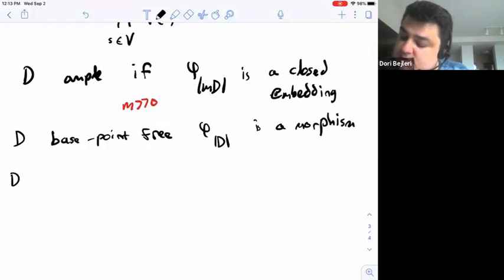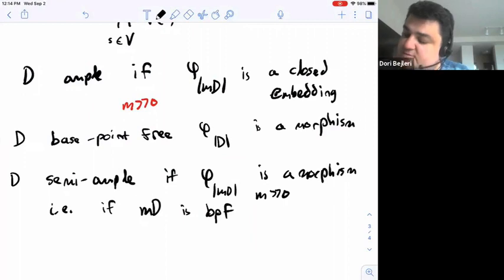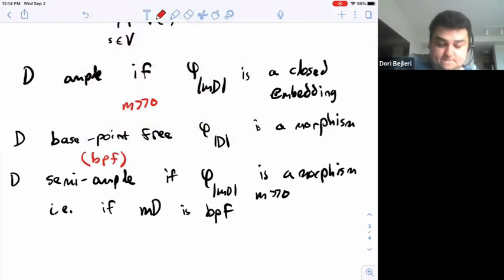And we'll say that D is semi-ample if phi MD is a morphism for large enough M, i.e. if MD is base point free, which will abbreviate BPF. Okay, so those are just some definitions. Any questions up to here?